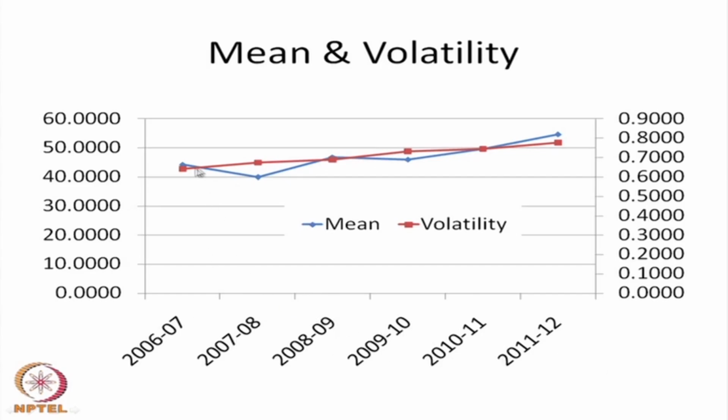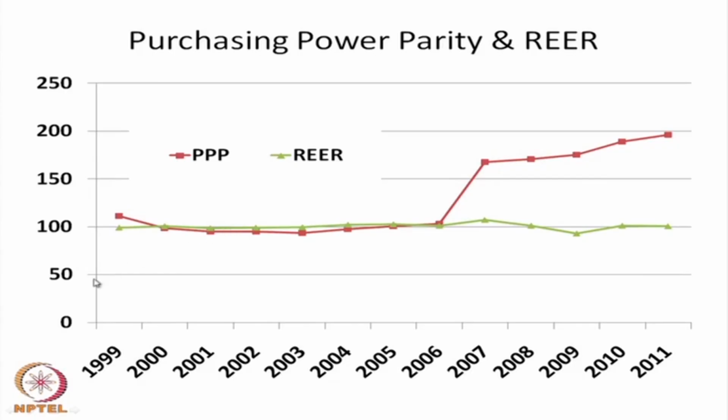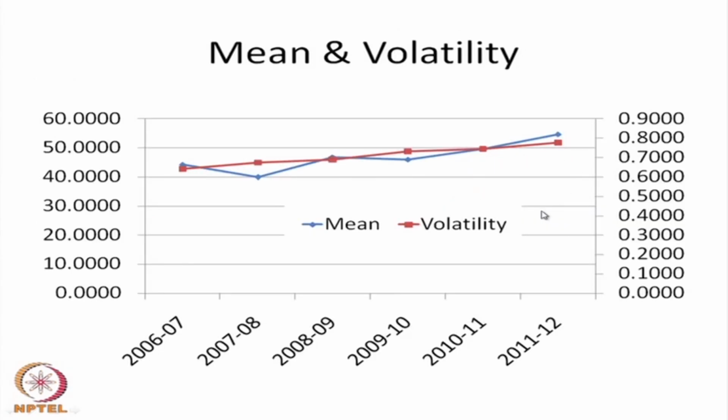In 2006-7 the mean was around 45, and it depreciated and increased over the period, to something around 53, 54 in 2011-12. So in 7 years the rupee value depreciated by more than 10 rupees. This is also indicated by the purchasing power parity.